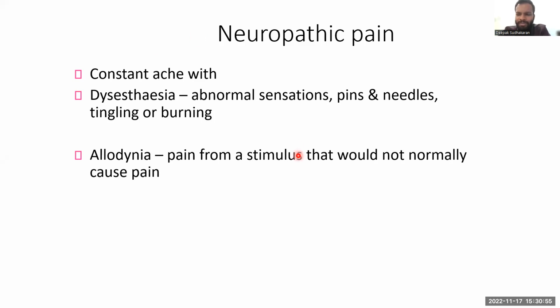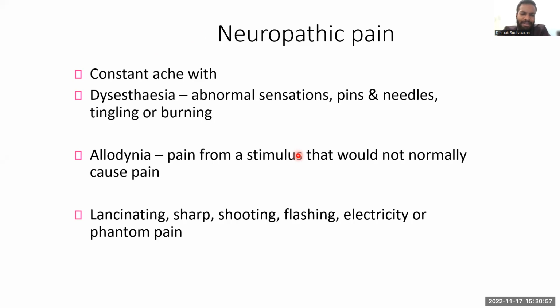This is also described in different ways: lancinating, sharp pain, shooting kind of pain, flashing, feels like electricity is passing. And many a time, in some patients who have unfortunately lost a limb, they may still feel pain in the limb which has been separated from their body, which is called phantom limb pain.